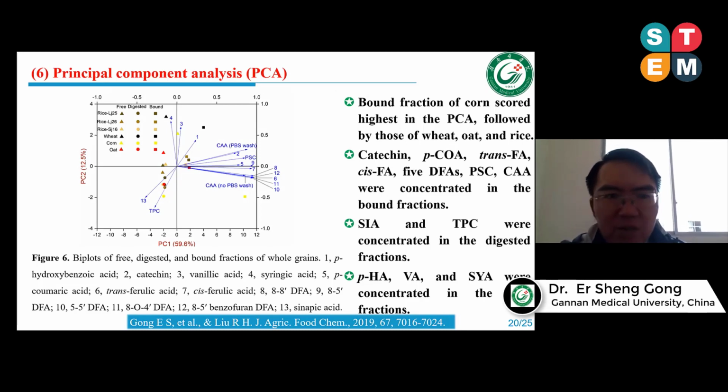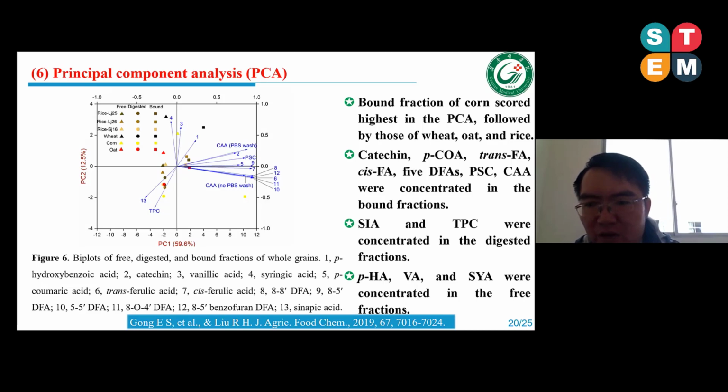Principal component analysis, PCA, was performed to evaluate the effect of parameters including TPC, PSC, CAA, and 13 phenolics in the classification and differentiation of free, digested, and bound fractions of whole grain.